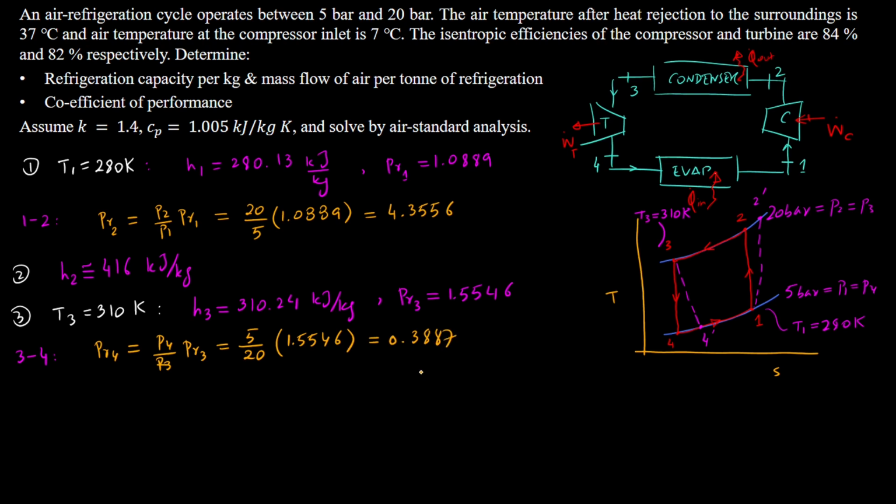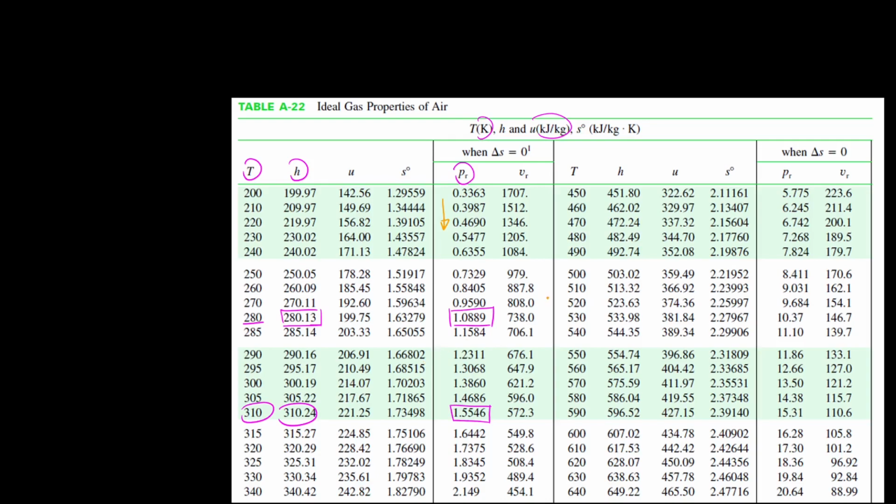And now that we have this value, we can go back in the table, we can interpolate across this value to see the value of enthalpy at 4. So it's 0.3887, and we see here that it's closer to this value, so enthalpy should be closer to this. I'm just going to assume that it's maybe 208 kilojoules per kilogram.